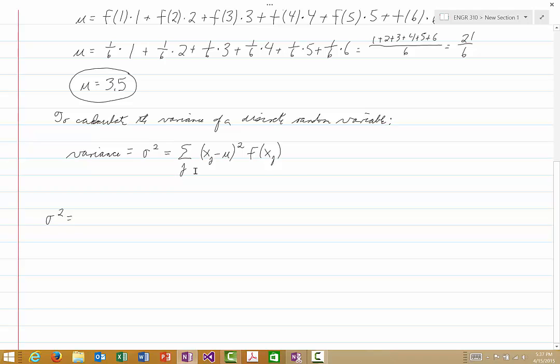So sigma squared, again, we're going to sum over all the values that the random variable can assume.